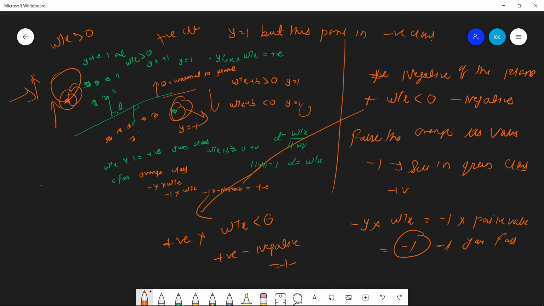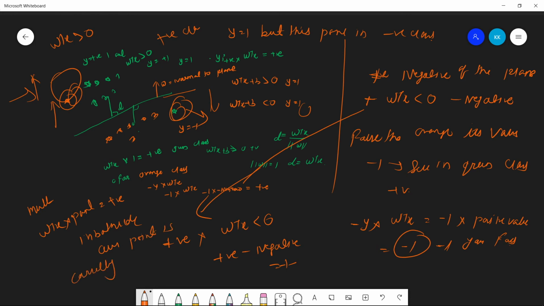So what is our assumption: if the multiplication of omega transpose x and the point's label is positive, our point is correctly classified.